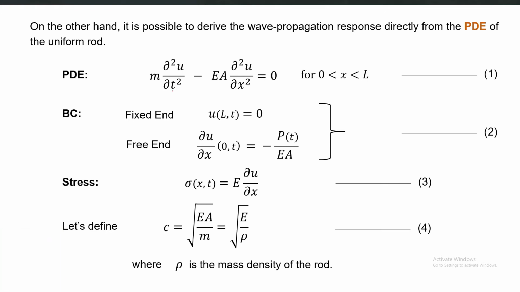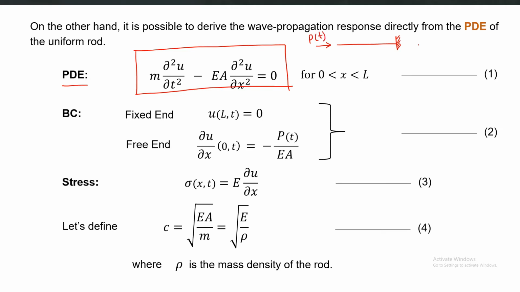So let's come back to our original partial differential equation for an axial vibration of a uniform rod. This was the original equation. This is the governing equation of motion for a rod which is applied with an axial force at one end, some P of t.